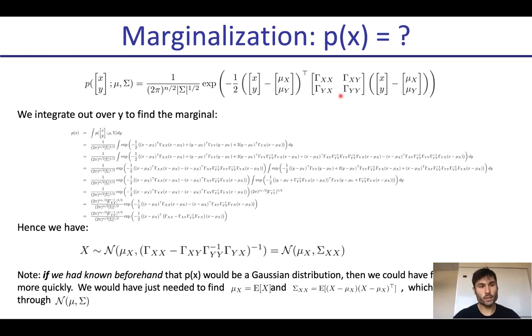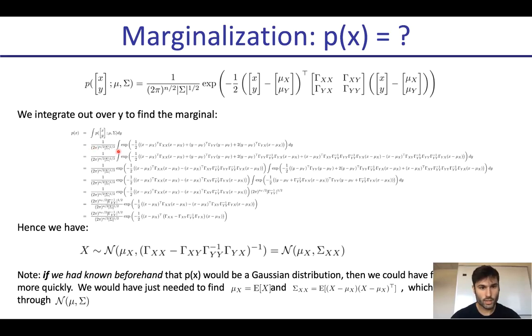In order to find out what the marginal of x is, what we need to do is just integrate out the random vector y from the PDF. This math looks pretty daunting, but we will work through it step by step, and we'll see that it's pretty straightforward to obtain the marginal of x.